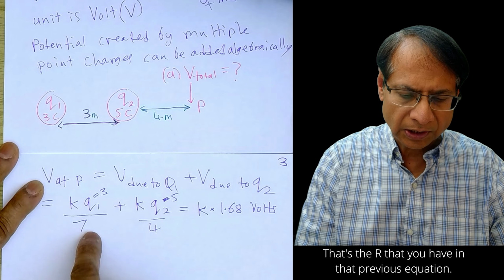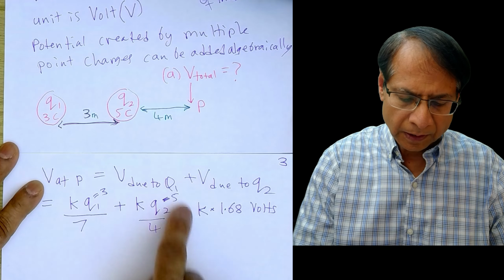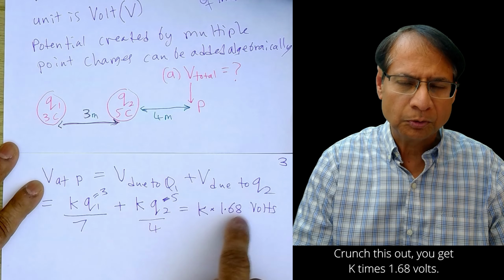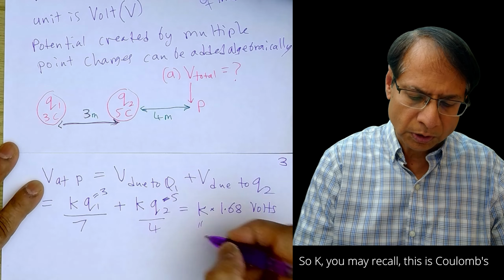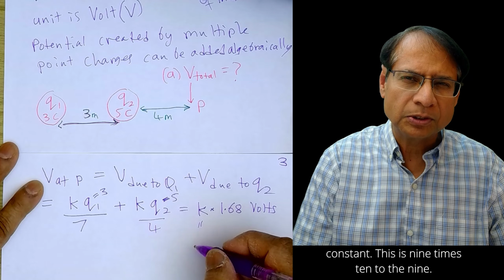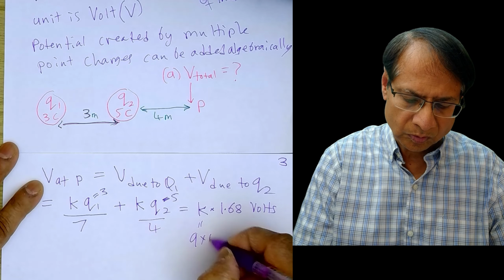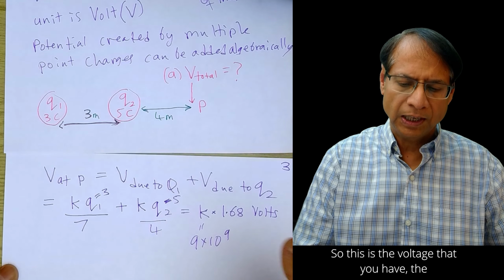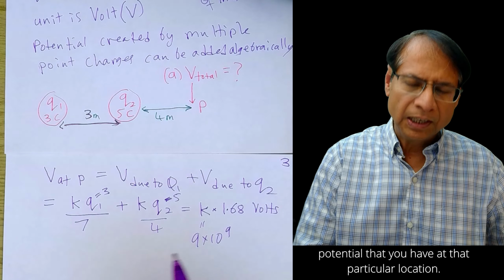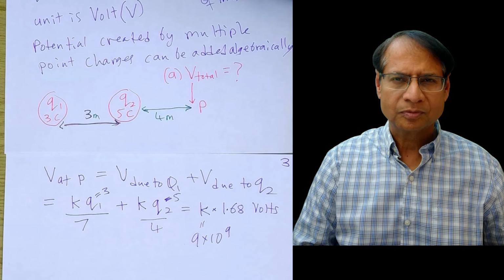That's the R that you have in that previous equation. Crunch this out, you get K times 1.68 volts. So K, you may recall, is Coulomb's constant. This is 9 times 10 to the 9. So this is the voltage, the potential that you have at that particular location.